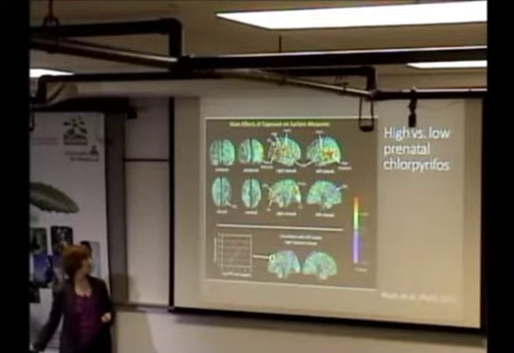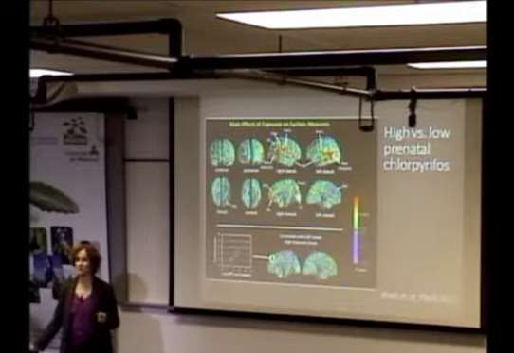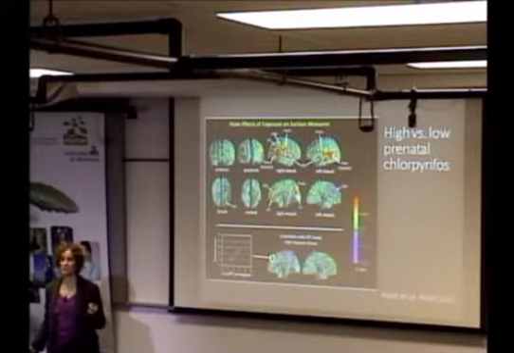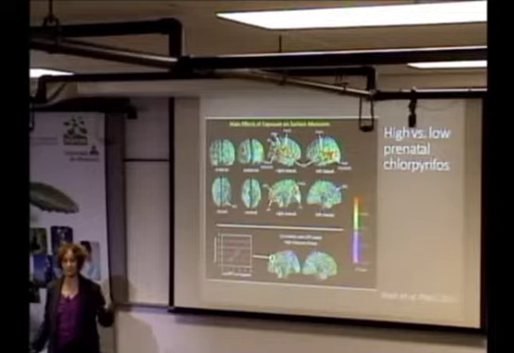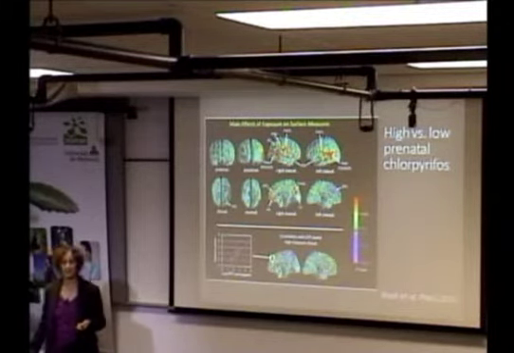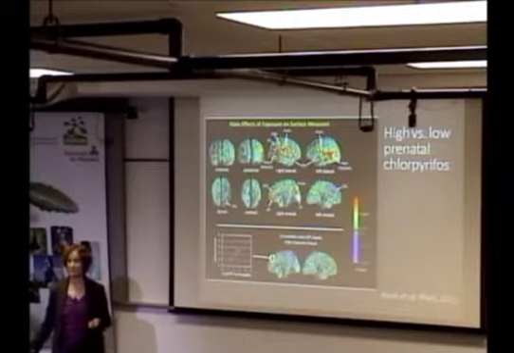There's also some data that came out of Columbia University looking at volumetric measures in the brain and showing that there are some associations between chlorpyrifos exposure, one of the organophosphate pesticides that is currently supposed to be getting banned in the U.S., and it's been met with a little bit of resistance.